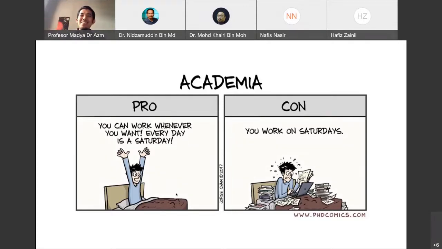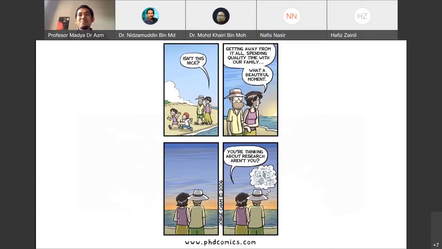Because we love our jobs, that's why we work every day. So every day is Saturday, and Saturday we open. Especially in vacations, we also work, thinking about research and everything. Okay, so that's a joke around academicians.